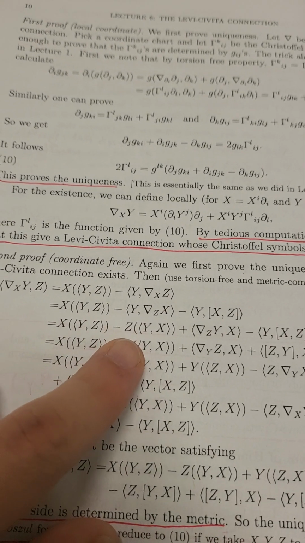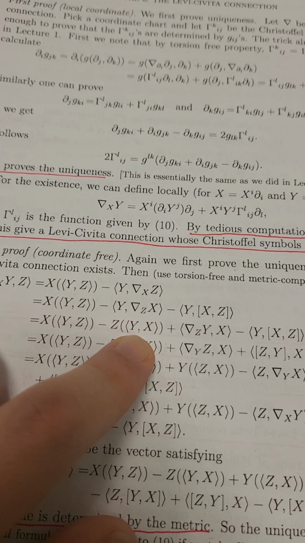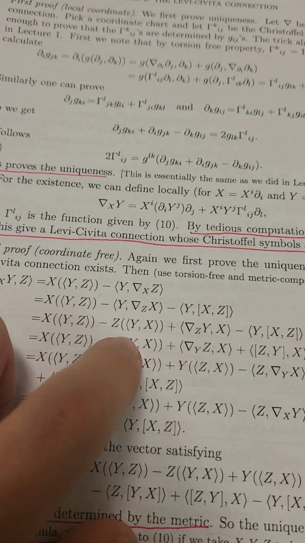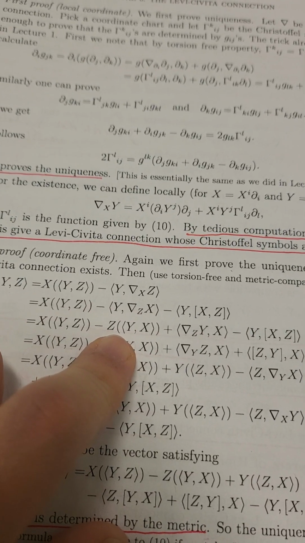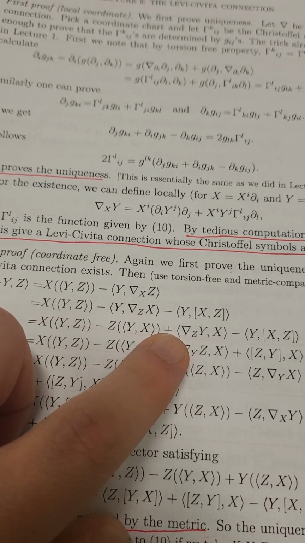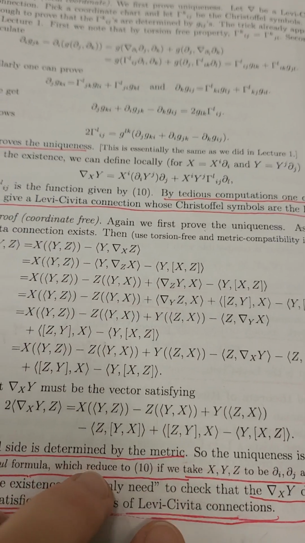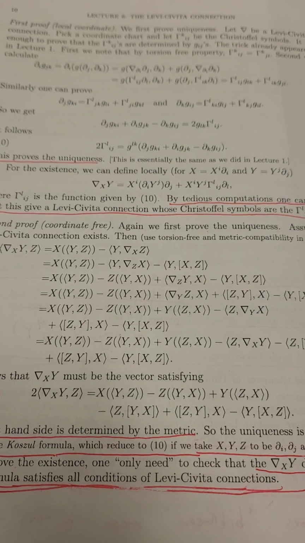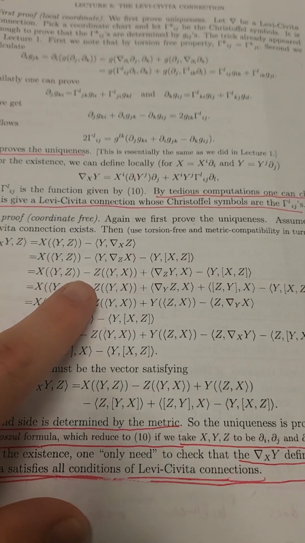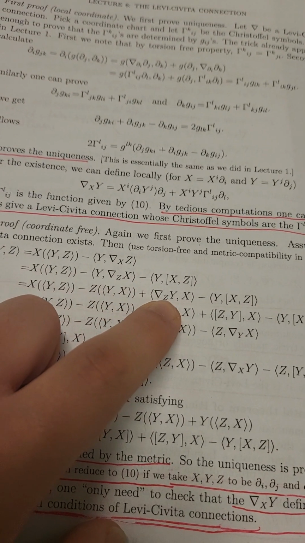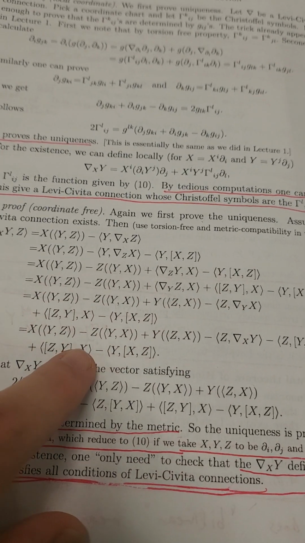Now we go to this expression, inner product of Y with nabla_Z X. We replace this with Z of inner product of Y and X, minus, in parentheses, the inner product of nabla_Z Y with X. That's again using the metric compatibility. Then we use the torsion-free property to replace this nabla_Z Y with nabla_Y Z plus the bracket here, and we just repeat this process.